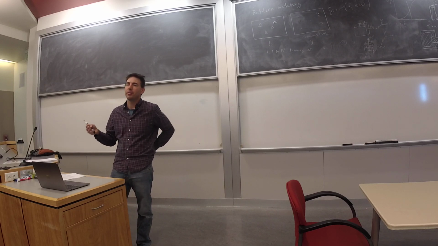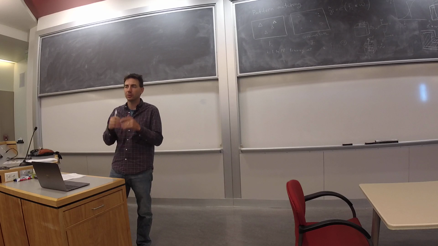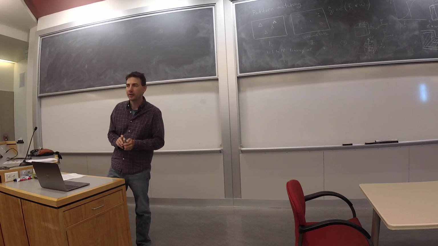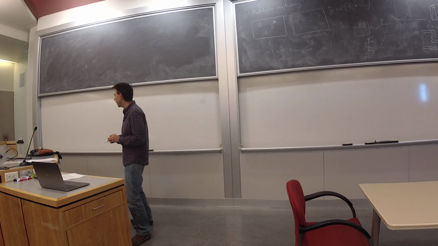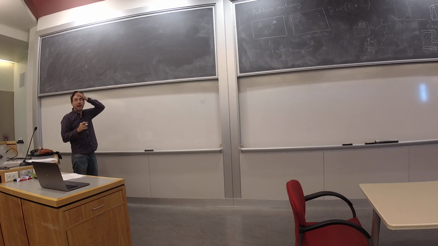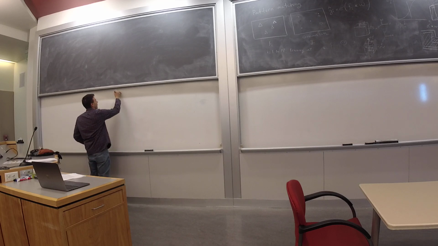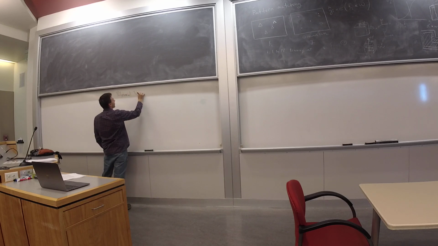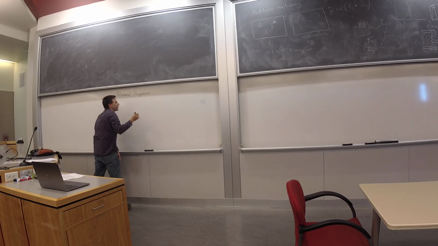I'll put up multiple or polynomial regression one more time. I'll go through a small example, and then we can start there. Okay, great. So we talked about polynomial regression.